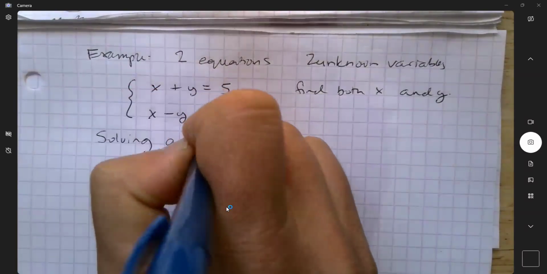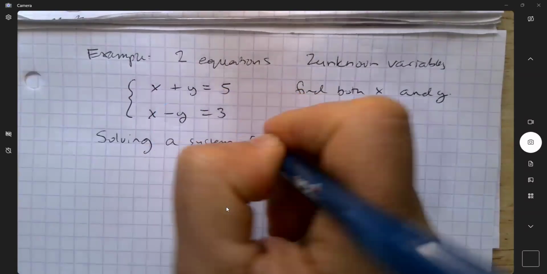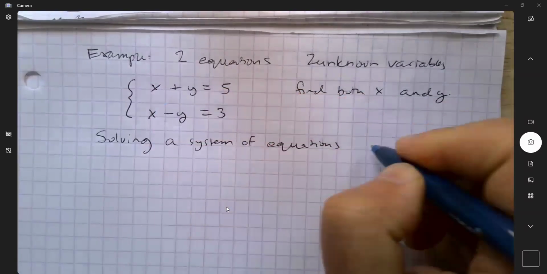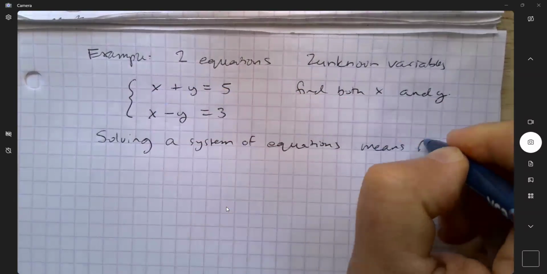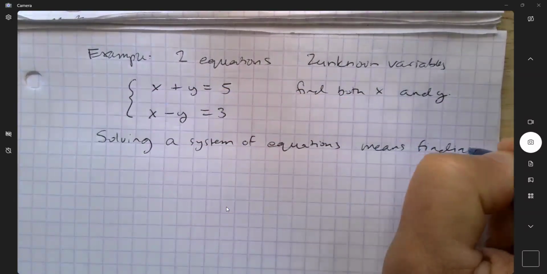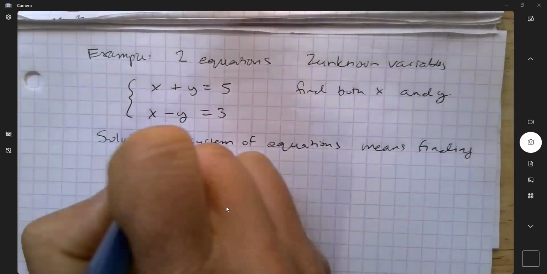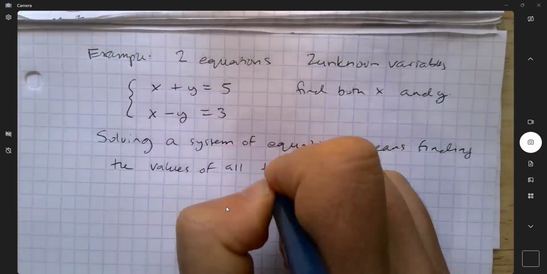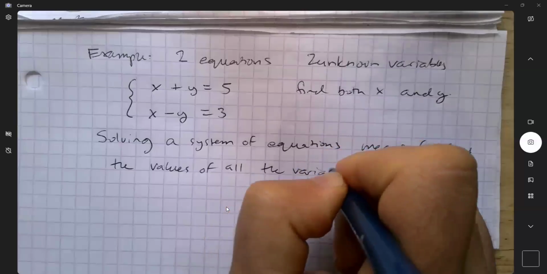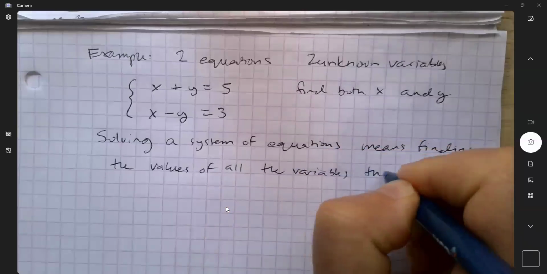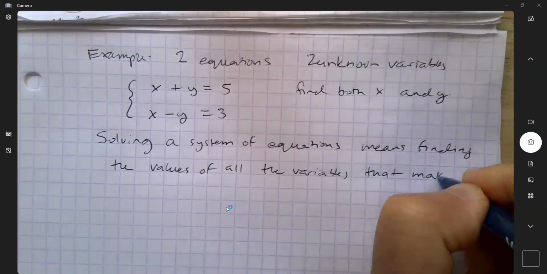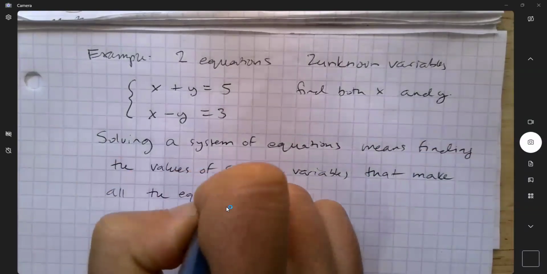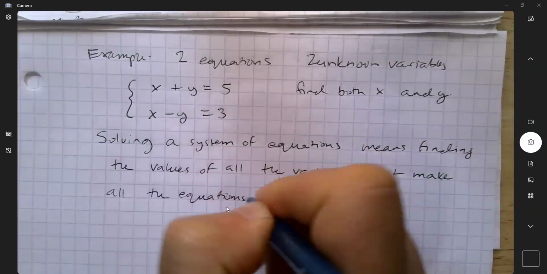Solving a system of equations means finding the values of all the variables that make all the equations true.